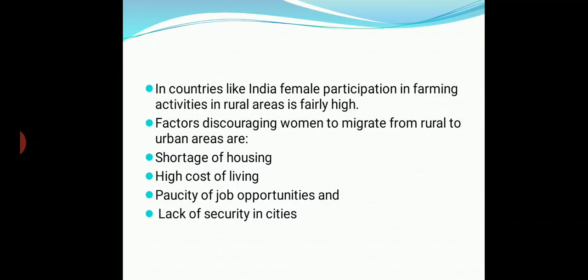And naturally, cities are not so secure as the rural areas. So naturally, they don't feel free to leave their villages and come to the urban areas.